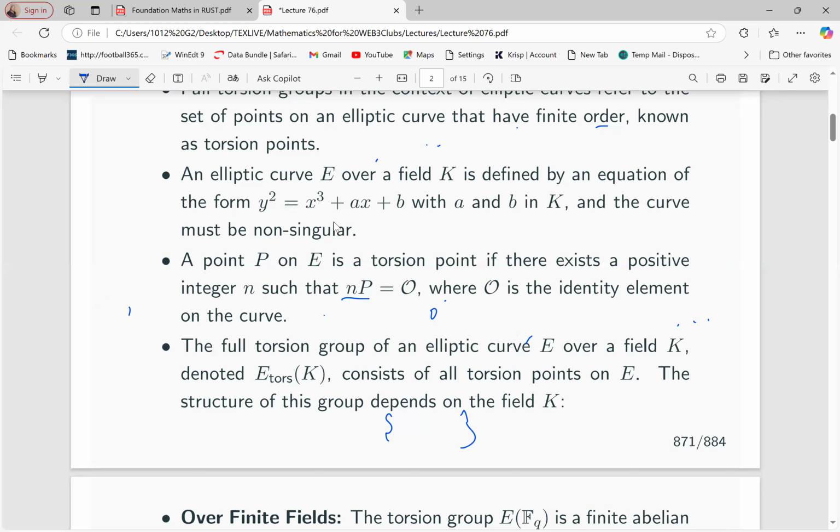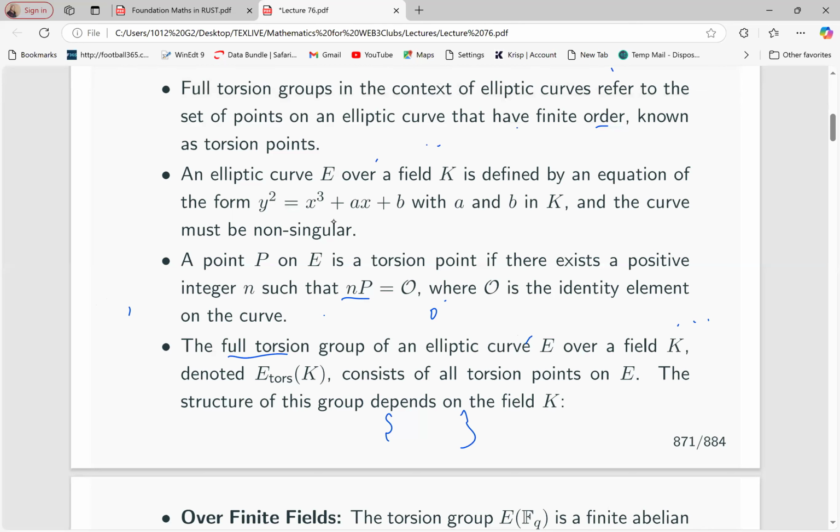And this group, therefore, is what we call the full torsion group of an elliptic curve. Now, of course, it depends on the field. I've talked of a finite field when F is 5 and the base is 5.